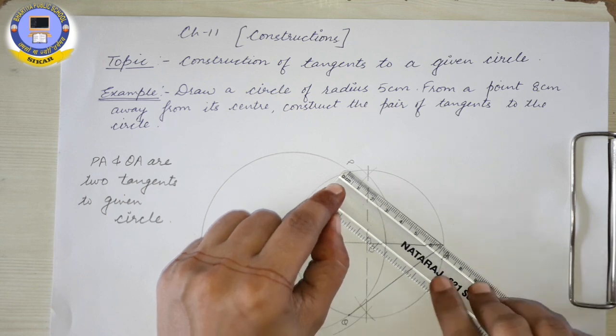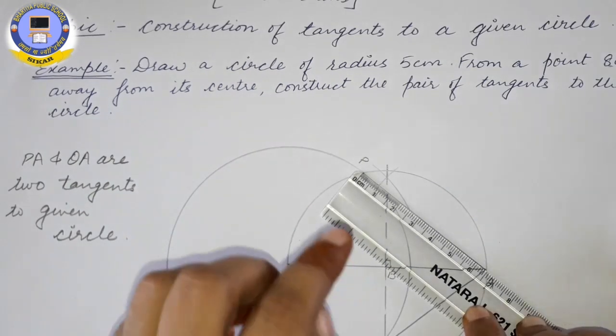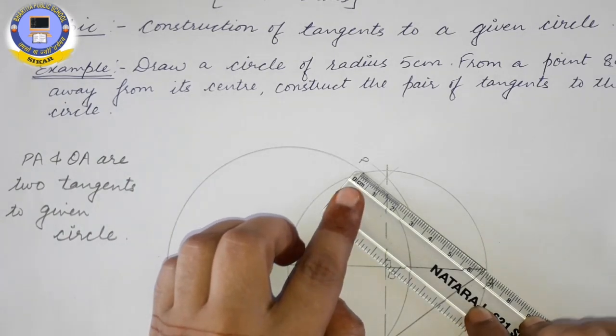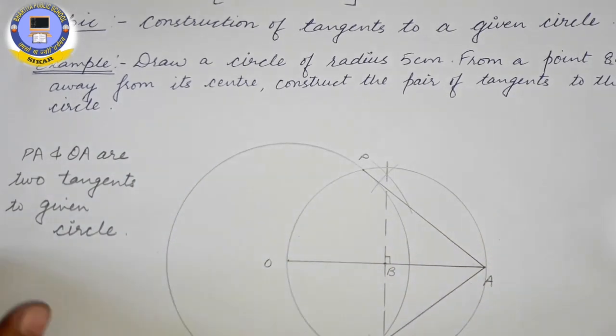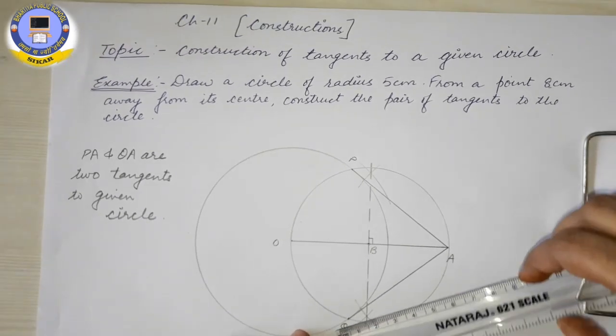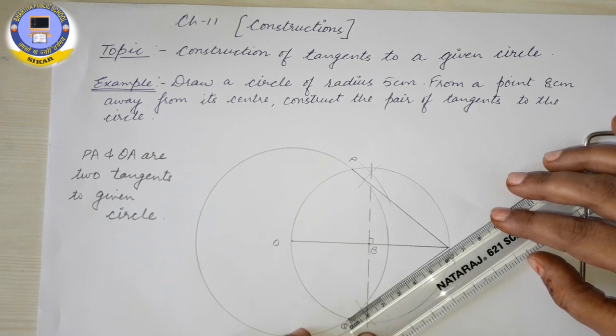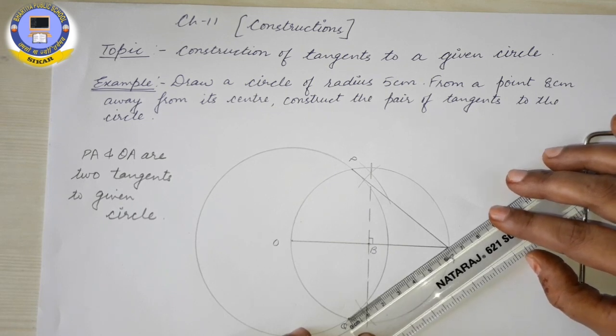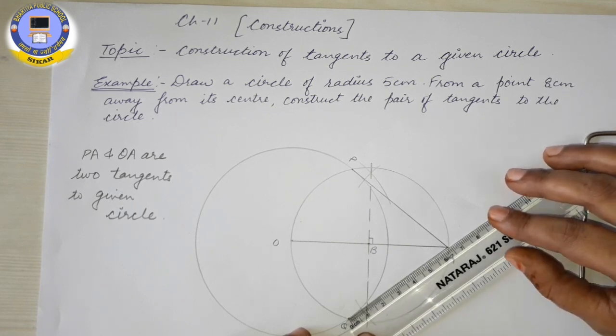PA is equal to 6.4 centimeter. Okay? In this way, if we measure QA, now see, it is also equal to 6.4 centimeter.